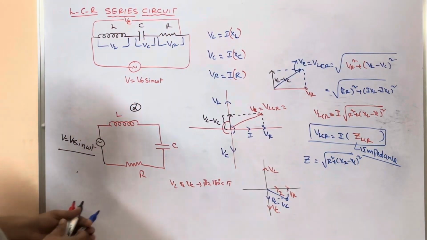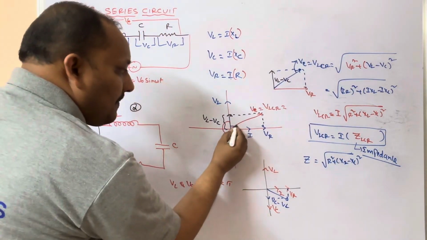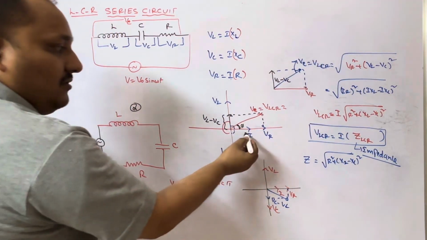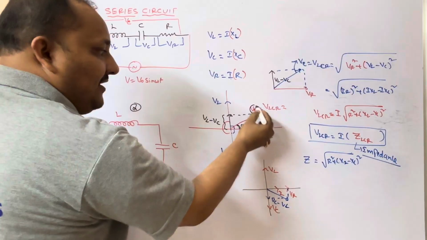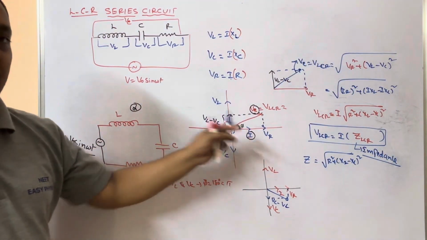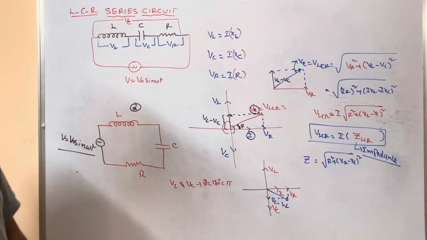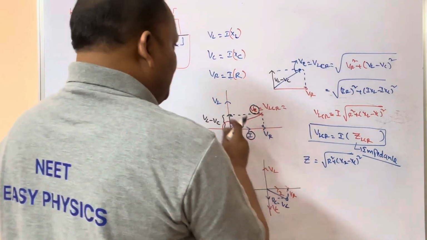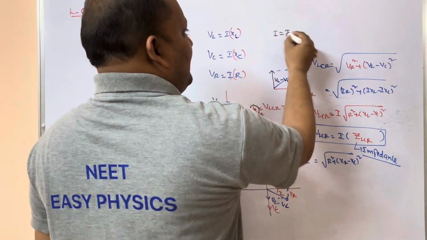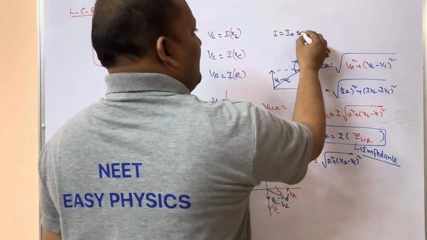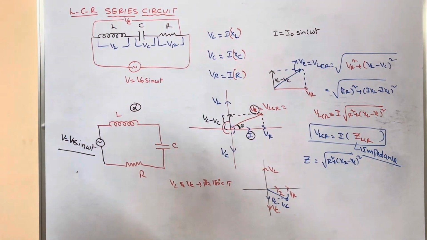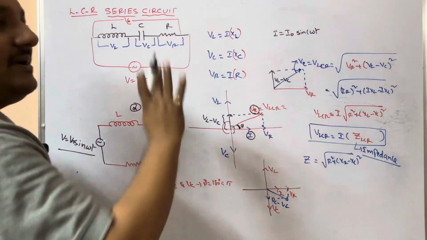Next up, this angle phi. So the phase difference between current and effective voltage is phi. What is this phi, and how much current is passing through this LCR circuit? We will not always write I is equal to I naught sin omega t. In case of resistor we wrote the same omega t.